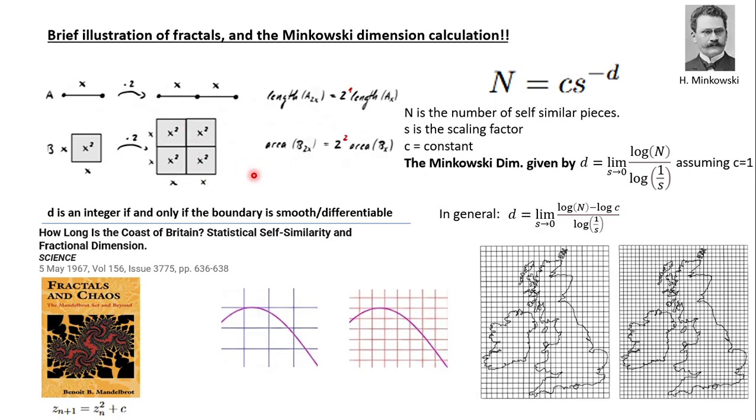Dimension, essentially, we have been very acquainted with dimension being an integer, so either a 1D line, a 2D area and so on, which is true if the boundary is smooth or differentiable.